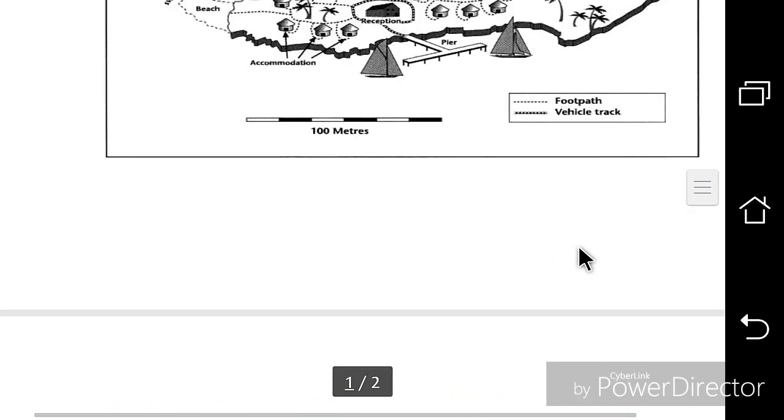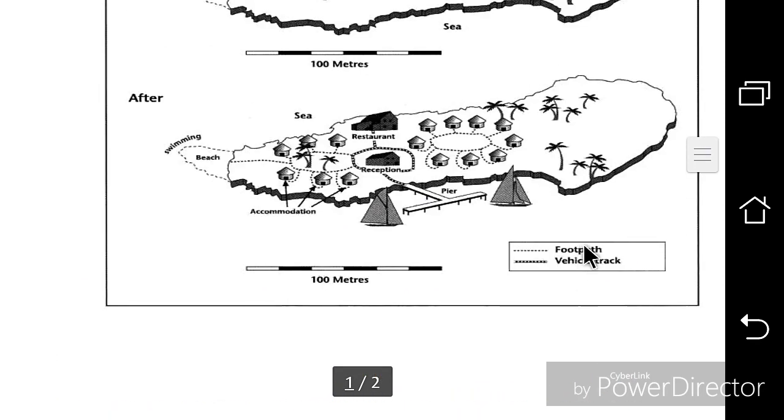So going back to the after construction map, you can see that the vehicle track, which is in the notation, is the double dotted line or the bold dotted line. Here this line encircles the reception, and this dotted line connects the restaurant and the pier in the north and the south direction.